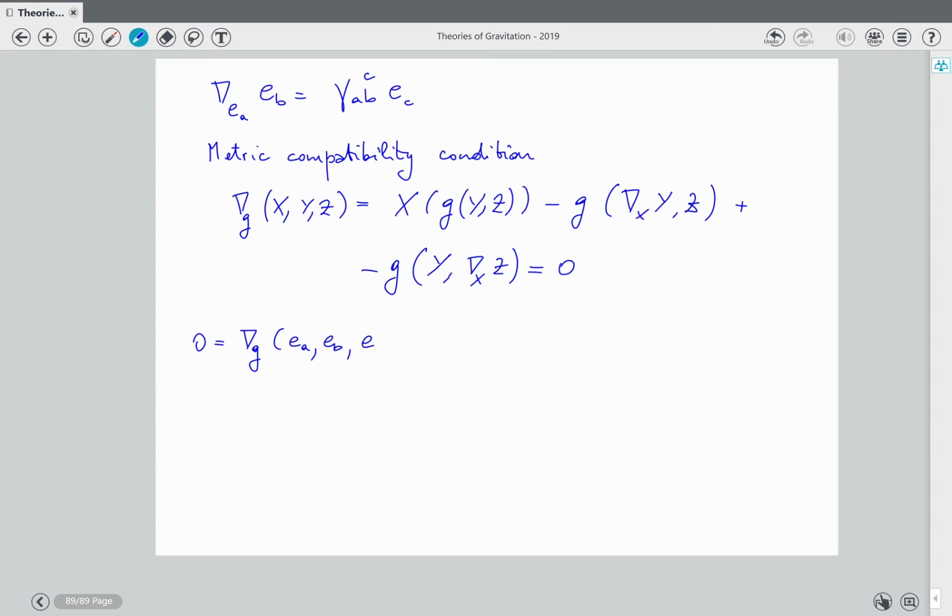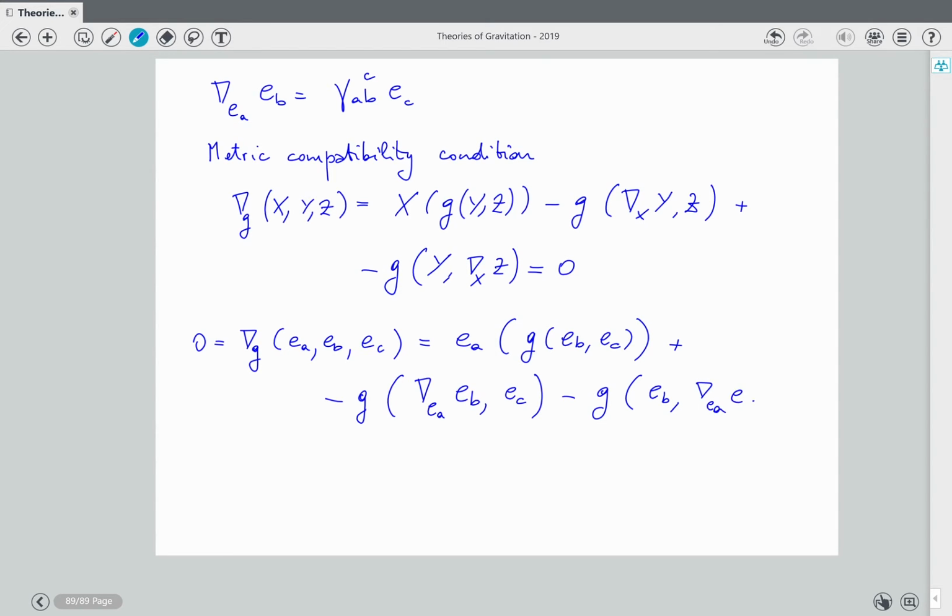And see how the metric compatibility condition reads in this basis. So X is E_A, the vector field that acts on the function obtained by evaluating the metric on the pair of vector fields E_B, E_C. That's the first contribution. Then you have minus G(nabla_{E_A} E_B, E_C) minus G(E_B, nabla_{E_A} E_C).